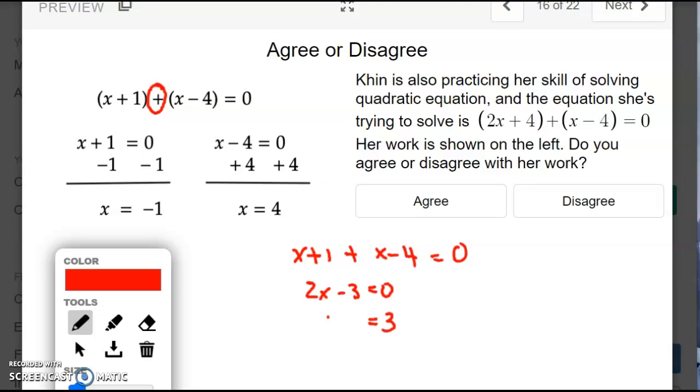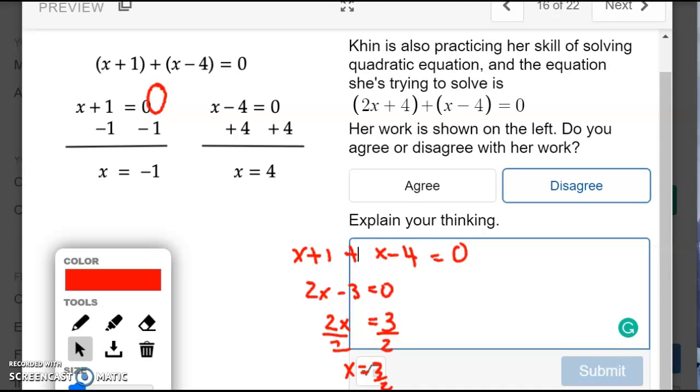So 3 is equal to 2x, divide both sides by 2, and you get x is 3 over 2. The solution is just a one variable equation. So it's 3 over 2. So this should be a disagree. And you need to explain your reasoning.